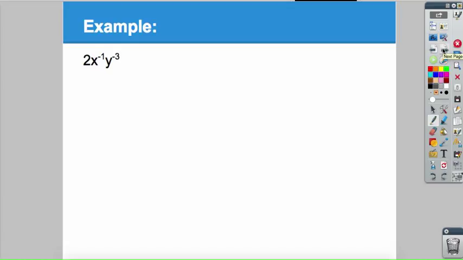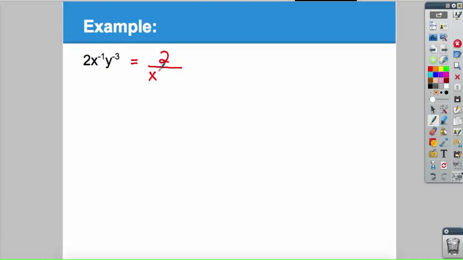Okay? Similarly, we want to make sure that we're only applying this negative exponent rule to the terms that actually have a negative exponent. So 2 is just a number here sitting in front. It's different than x and it's different than y. I need to consider these things as different pieces. And so when I go ahead and simplify this so that I have no negative exponents, that number 2 is staying right where it is because it does not have a negative exponent.